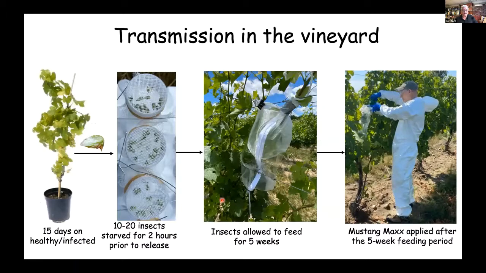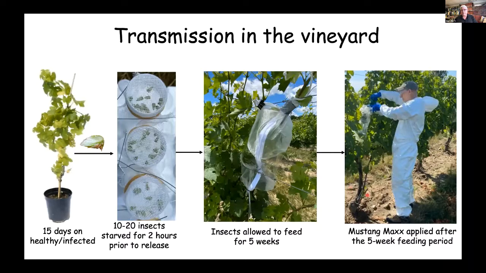So what we did was very simple. We exposed 3-corner alfalfa hoppers either to healthy or infected vines. We let them starve for a couple of hours prior to their release on shoots of this healthy Cab Franc vineyard.